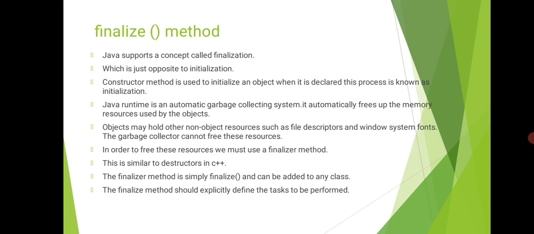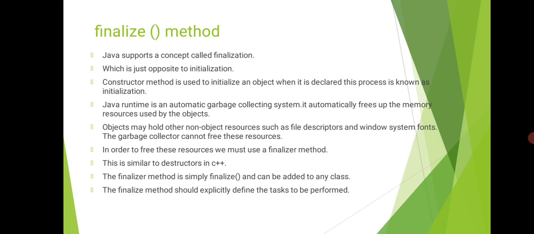How? In C language we study dynamic memory allocation. In that we use the free function to release the memory which is allocated by malloc and calloc, right? Similarly in C++ we use constructors and destructors. Constructors are the methods which construct the objects, that is initialize objects, and they allocate the memory.